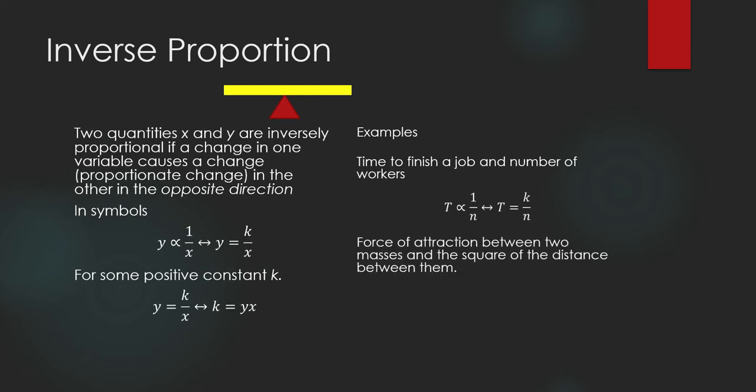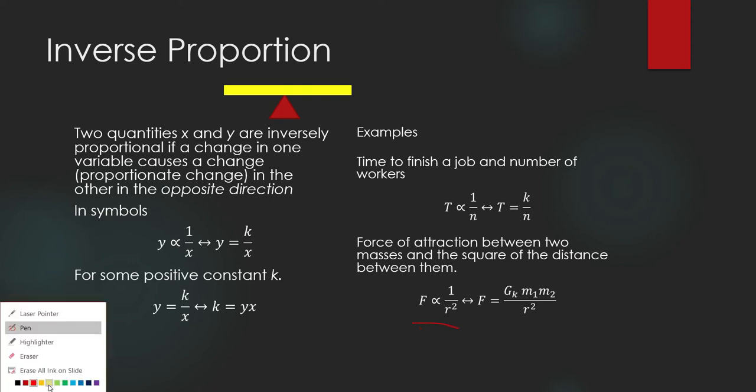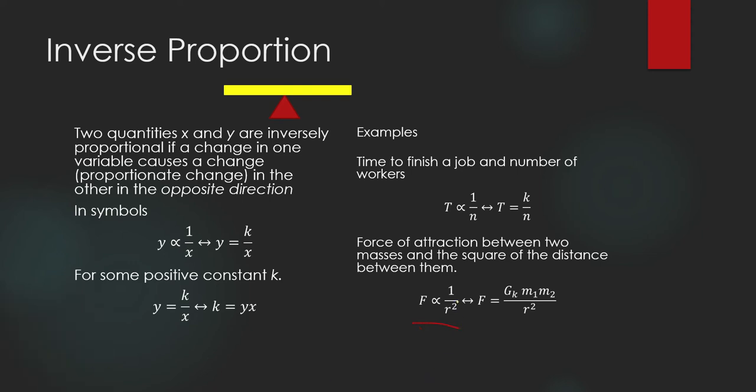Another example which you heard about from your science subject is the relationship between the force of attraction between two masses and the square of the distance between them. This was introduced to you by Sir Isaac Newton. Another way of saying it is the force of attraction between two masses is directly proportional to 1 over r squared, where r is the distance between the two masses.